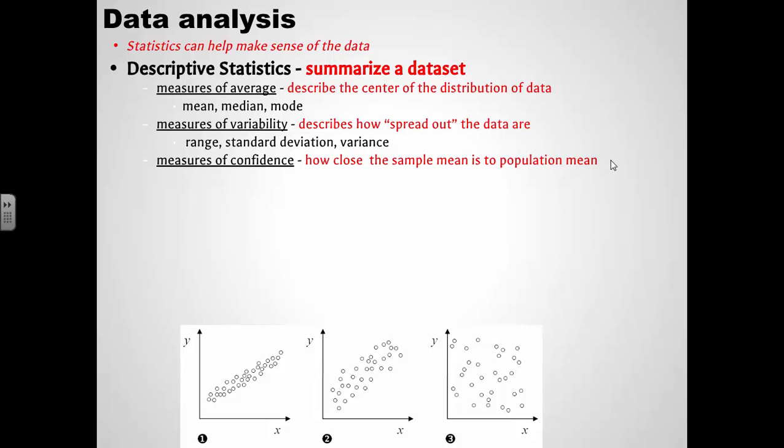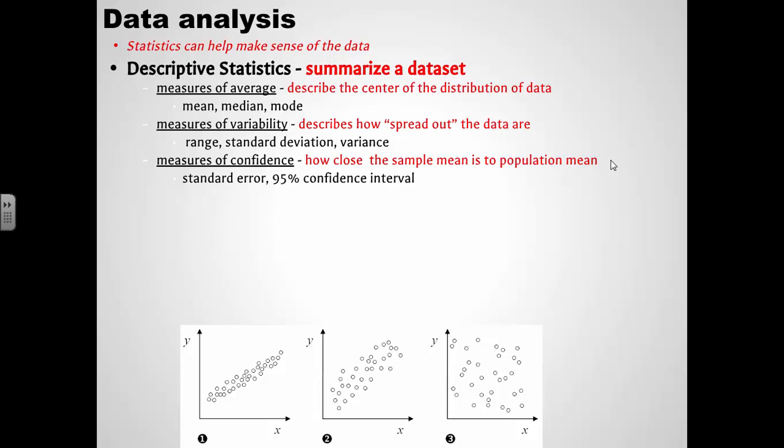Measures of confidence allow us to understand how confident I can be that the height of this class is similar to the height of all ninth graders in general. We can do some statistics on confidence intervals for the standard error, so that we could say, okay, I'm 95% sure that the average height of all ninth graders is between this and this.